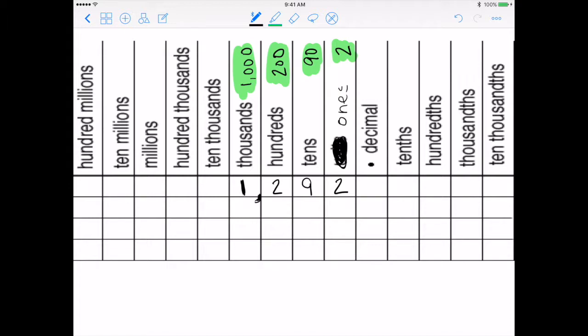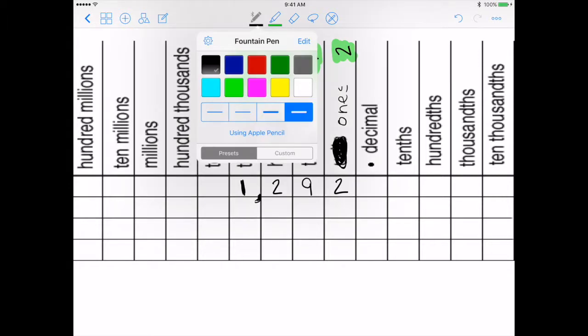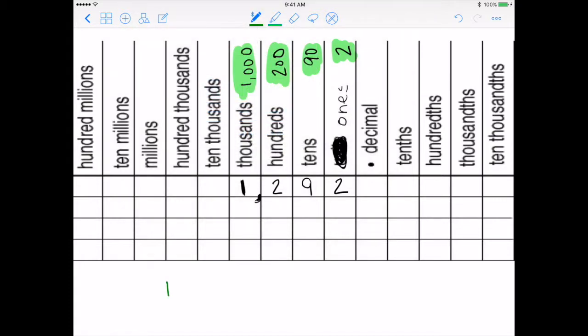So what we can do now is use the value of each of those digits to help us to write out the expanded form of our number. In this case, we would write it out as 1,000 plus 200 plus 90 plus 2. And of course, if we were to add all of those numbers together, our sum would be 1,292.